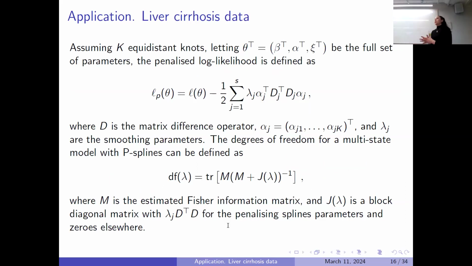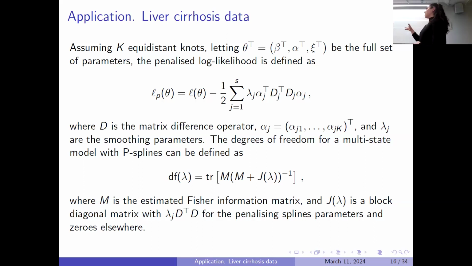And this is just to talk about what penalized splines are. So basically, if you do B-splines, you face the question of how many basis splines you have to choose. And one way to go around it is just by penalizing. What the penalization does is it penalizes the adjacent coefficients of the B-splines, enforcing them not to be too different from each other and enforcing smoothness.